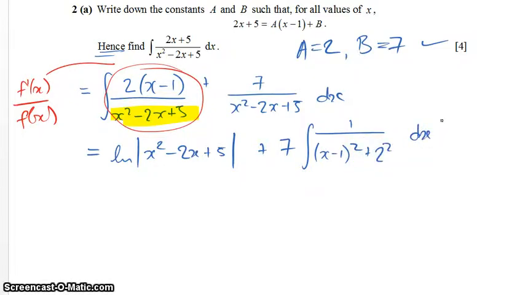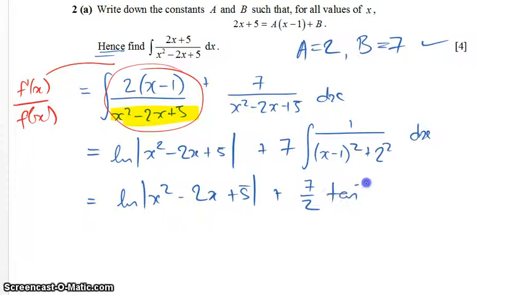Now this is again a familiar form to us. This is the tangent inverse. So we can write this as ln of x squared minus 2x plus 5 plus 7 over 2 tangent inverse of x minus 1 divided by 2, and then plus our constant of integration.